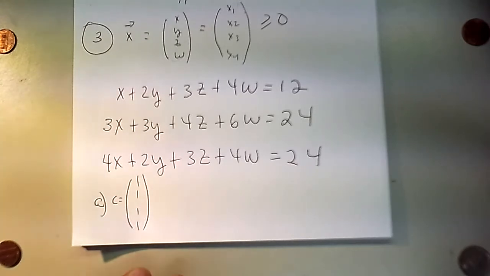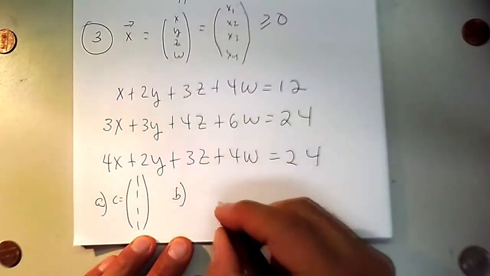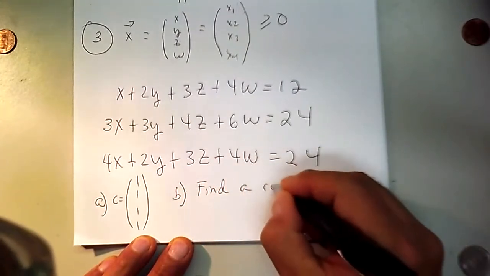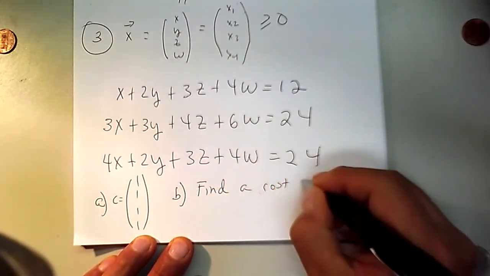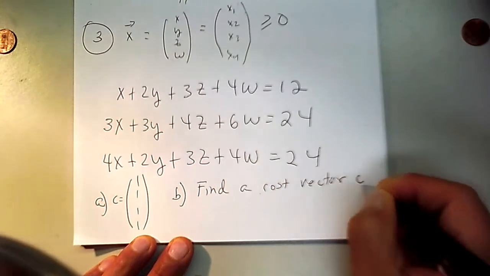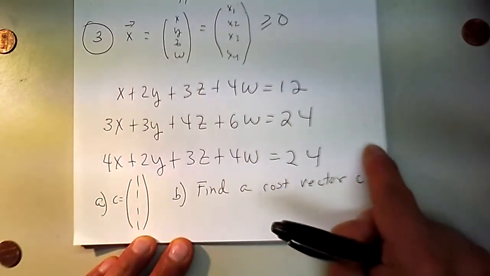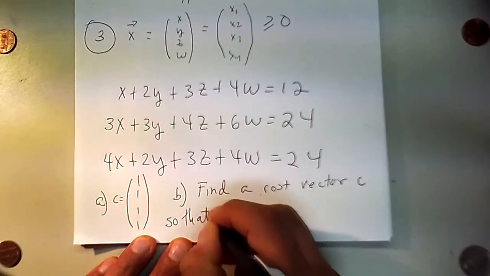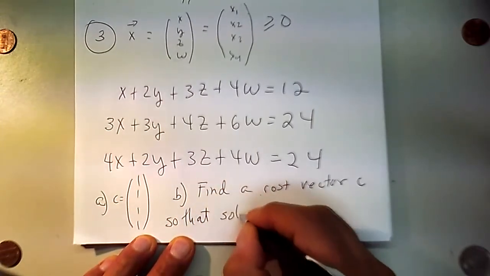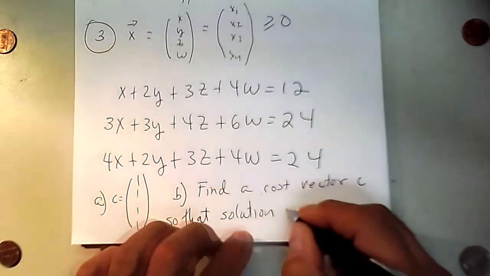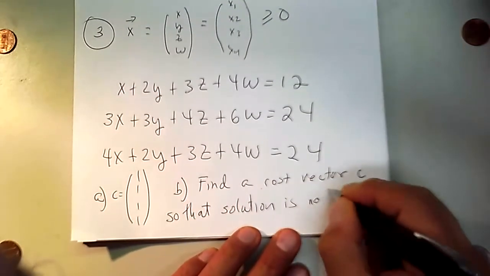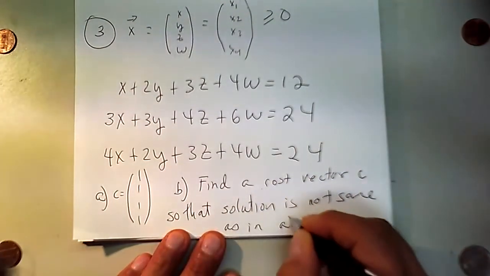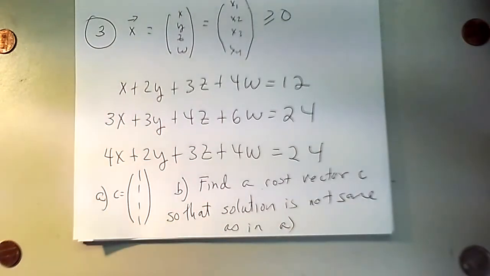What I'm going to suggest, part B, is find a cost vector C, so another one, it could be 2, 1, whichever, so that the solution is not the same as in A, in this cost.